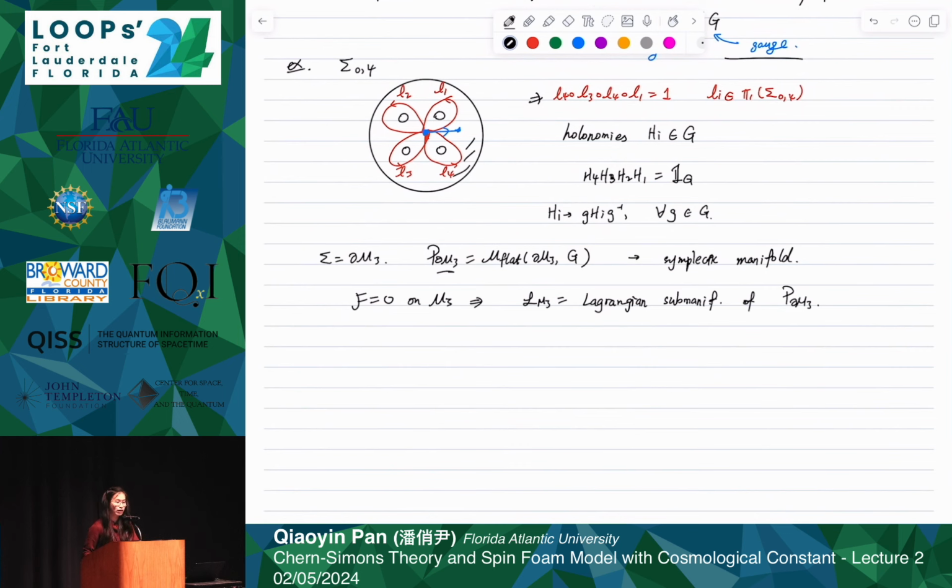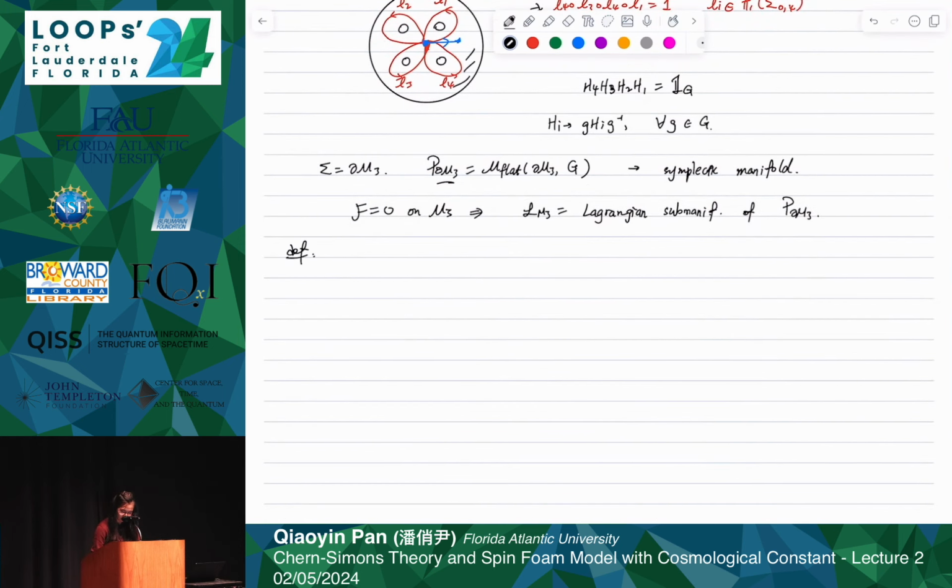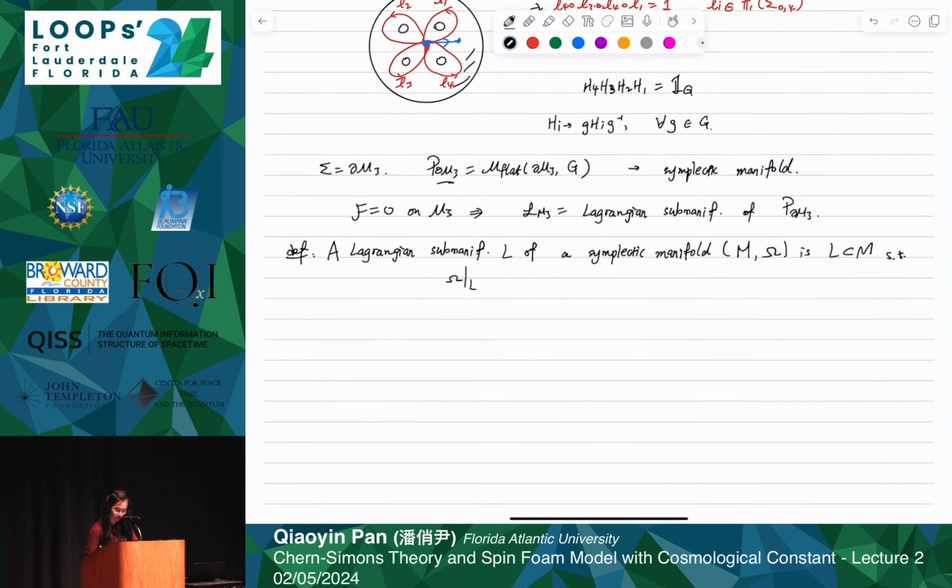What is a Lagrangian submanifold? Let me give you the definition first. A Lagrangian submanifold, say L, of a symplectic manifold, which I call M, which also has a symplectic structure, is a submanifold of this symplectic manifold such that the symplectic form, if I restrict it to this submanifold, gives us 0.